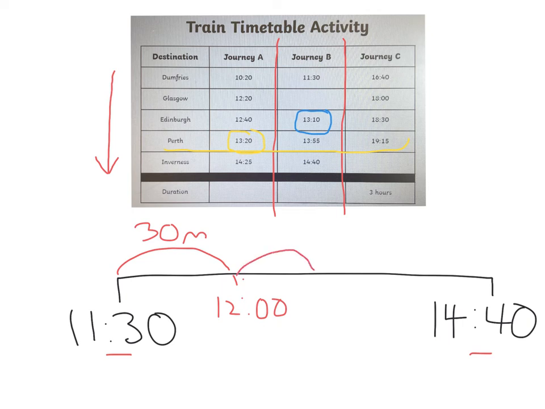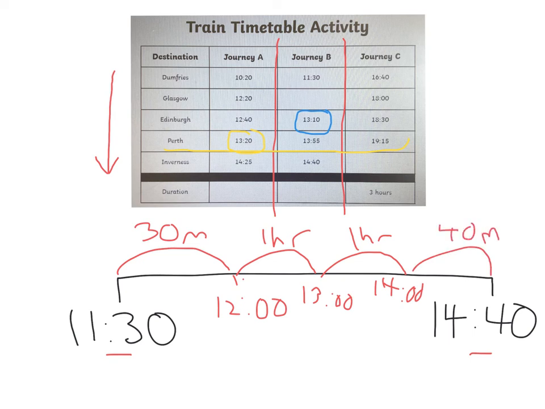And then I could do a hop of 1 hour to get me to 1 o'clock, and another hour to get me to 2 o'clock, and finally a hop of 40 minutes to get me to my final time of 40 minutes past 2.